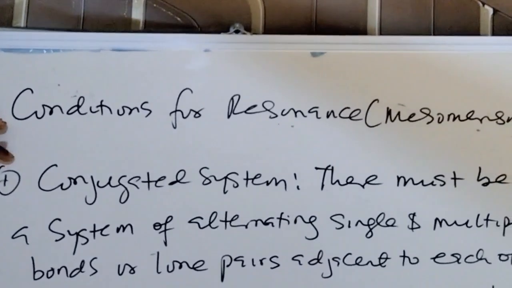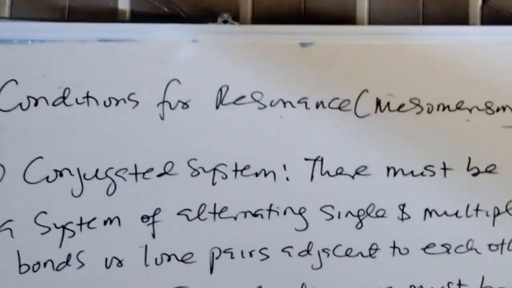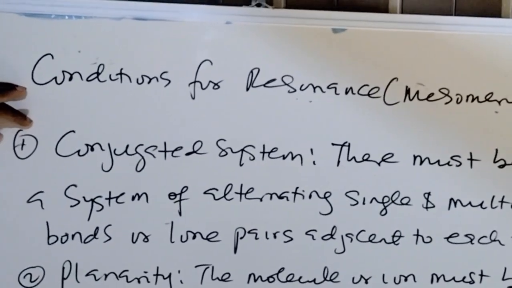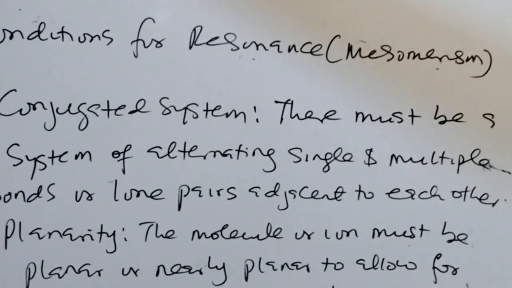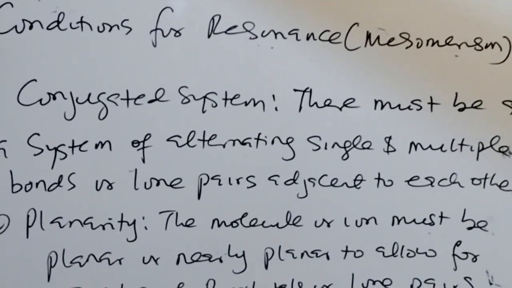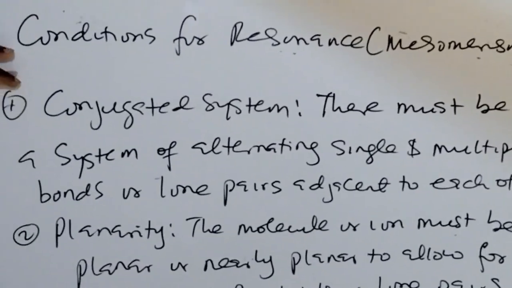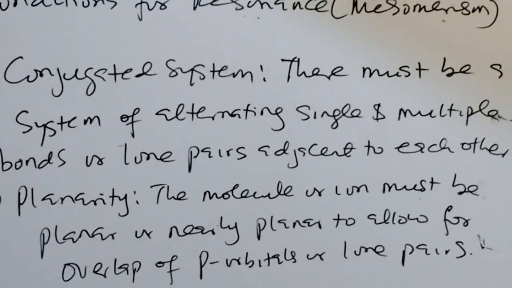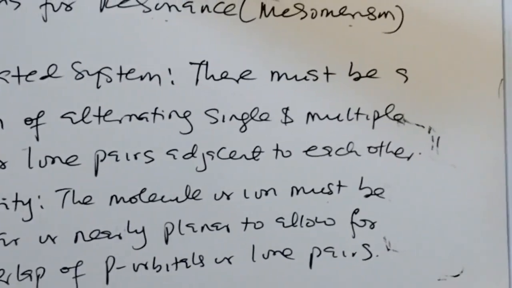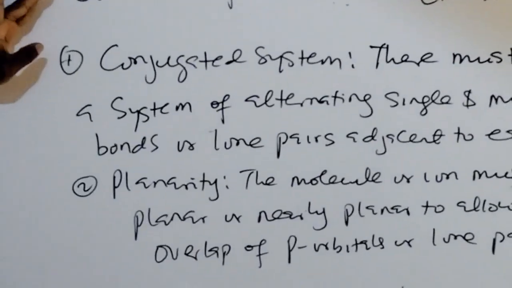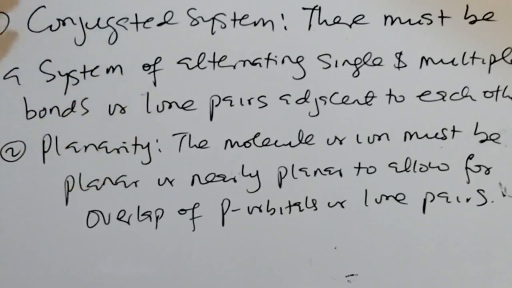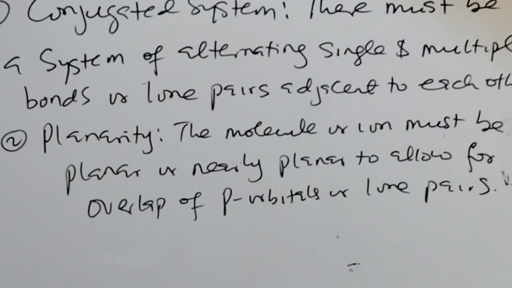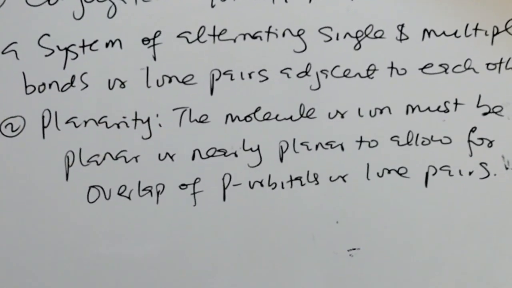The first is conjugated system. So there must be a system of alternating single and multiple bonds or lone pairs adjacent to each other. Just like the examples we took so far, those compounds are conjugated. Then the next condition is planarity.